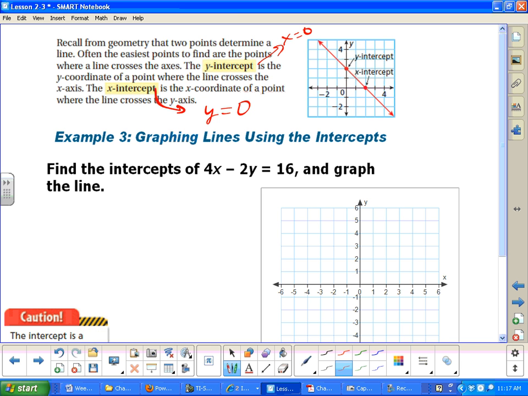So we want to find the intercepts and then graph this line. So the y-intercept, to find that, I will let x equal 0, then solve.